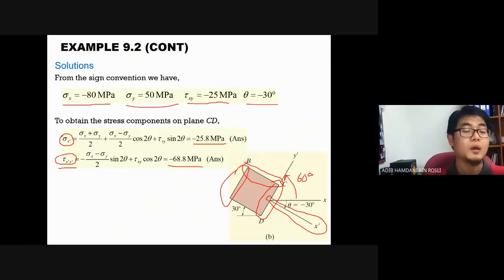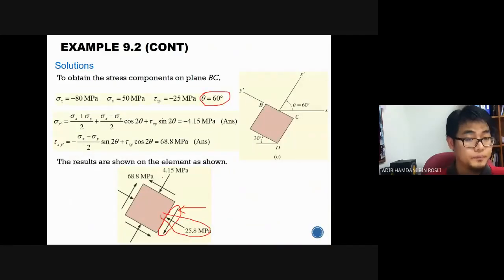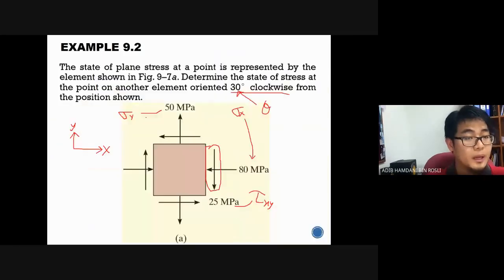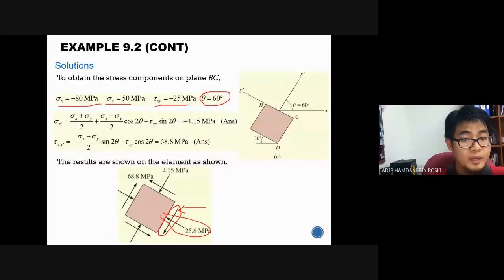Because it is counterclockwise. And 60 because you take the whole x prime y prime as 90 degrees. So here you have the same sigma x, sigma y, and tau xy from the previous one, but to analyze this BC, you need to rotate it at a 60 degree angle. So this is what you are doing.